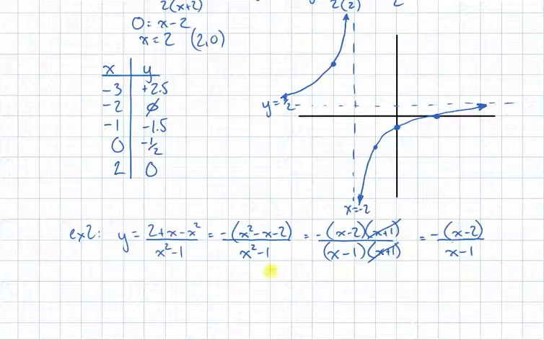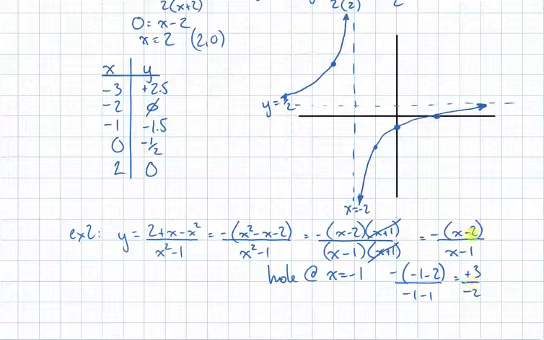So it's equivalent without being equal. The key difference is there's a hole at x equals negative 1 where I removed the common factors. Now that would be clear in the original function. If I substitute negative 1 into the original function, I get 0 divided by 0. But if I substitute into the simplified function, I would actually get negative 1 minus 2 and negative 1 minus 1, which is positive 3 over negative 2.